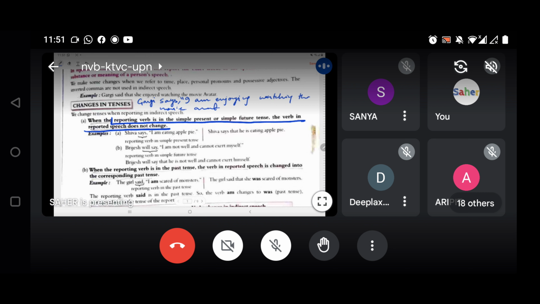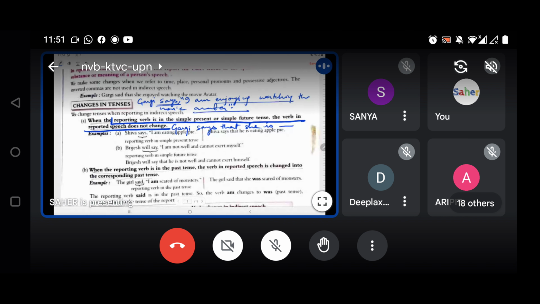Suppose this is the sentence and it is in simple present tense. Then it is not going to be changed into past tense or any other way. It is going to be like, Gargi says that she is enjoying watching the movie Avatar. Got it?